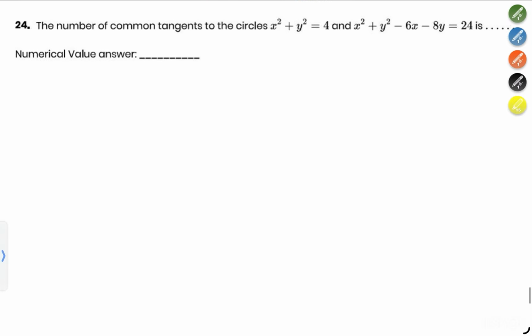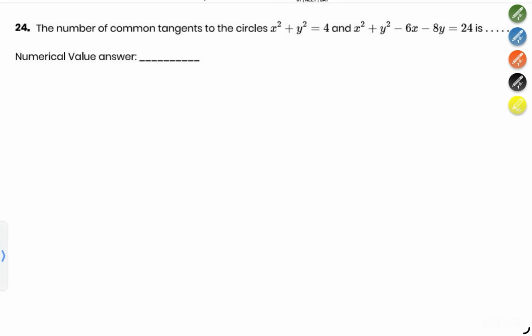Now let us move to the next question, that is question number 24. In question number 24, they have asked about common tangents regarding these two circles. The first circle has center C1 (0, 0) and radius 2. Center C2 is (3, 4) and radius is 7.